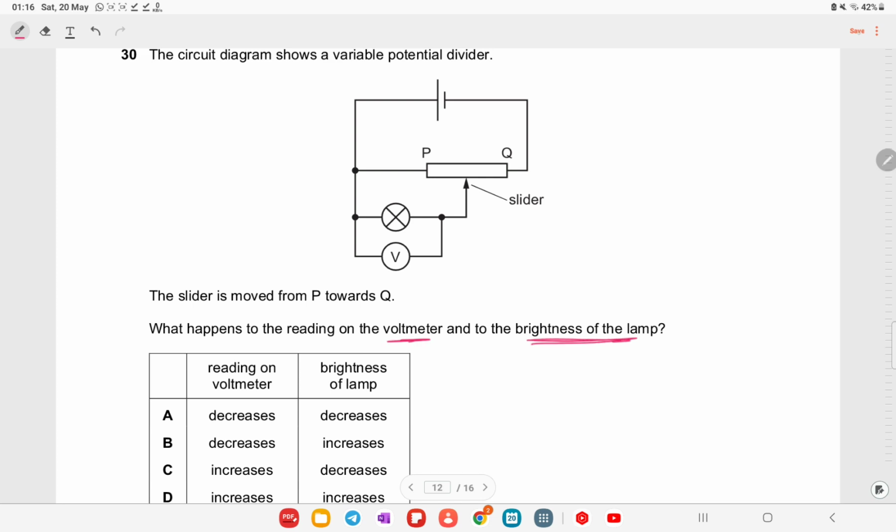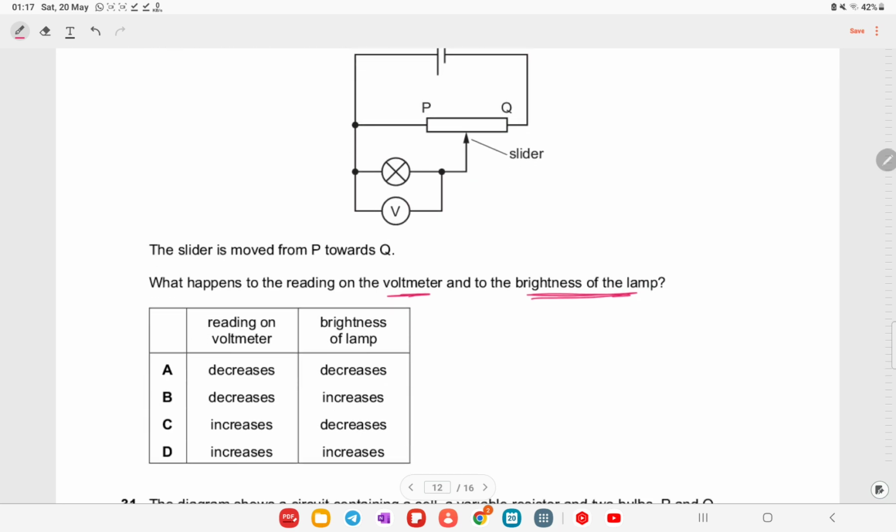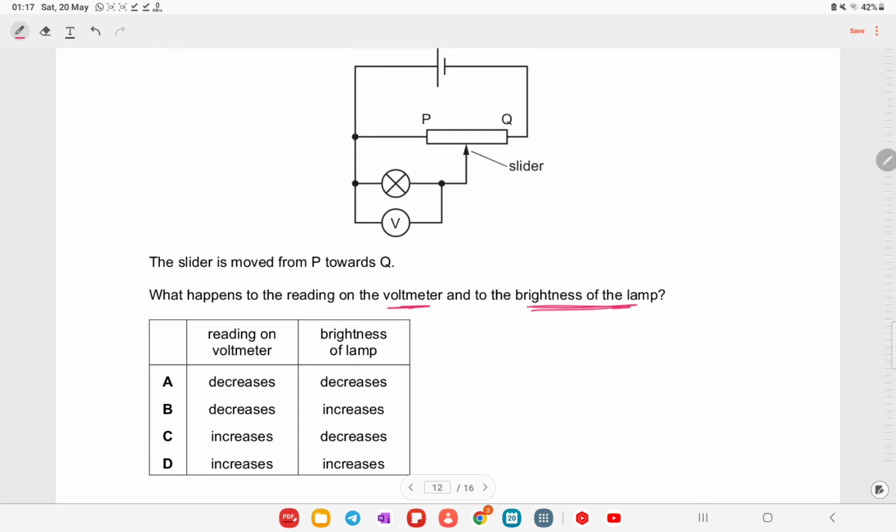So in this case, the reading on the voltmeter is going to increase, and the brightness of the lamp is also going to increase, because when the slider is moved from P towards Q, there will be a lot of resistance, and all the current will start flowing from this direction to this.